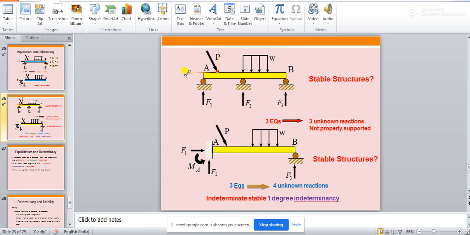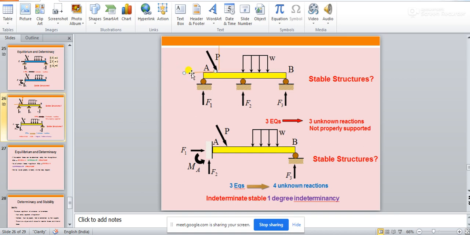Tell me. Because of this vertical component of the load and this UDL, they can be resisted by the vertical reaction components at the rollers. This F1, F2, F3 can resist these UDLs. However, can it resist this one? You tell me. No, sir.